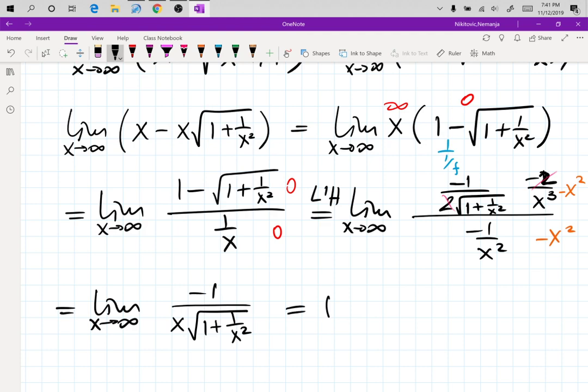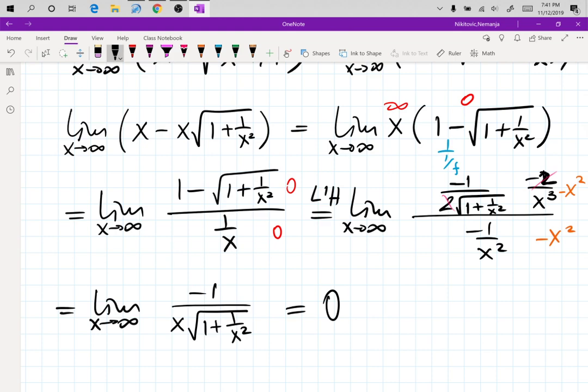And when you plug in infinity, you should get 0, because 1 over x squared is 1 over infinity. 1 over infinity is 0, so the whole square root is just 1. And you plug infinity for x as well.